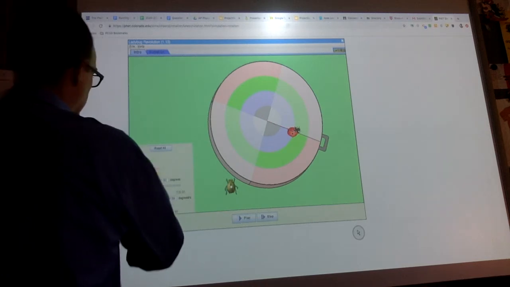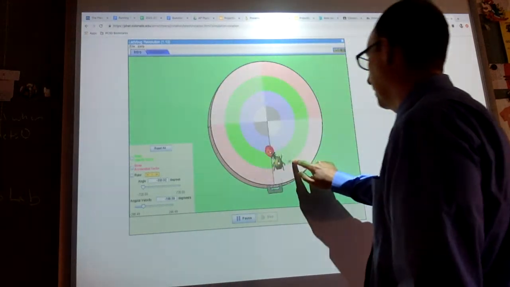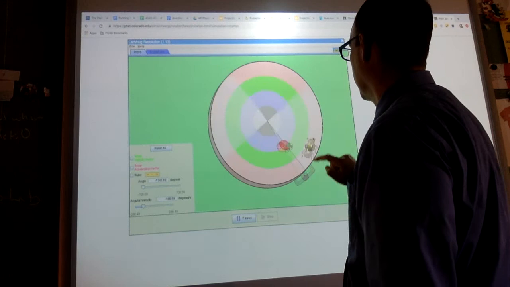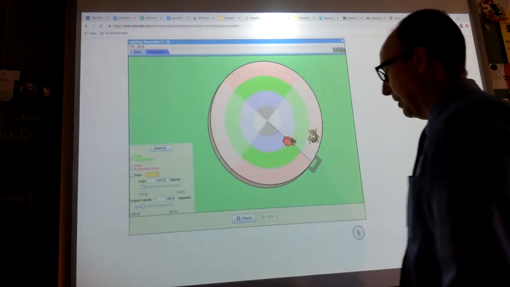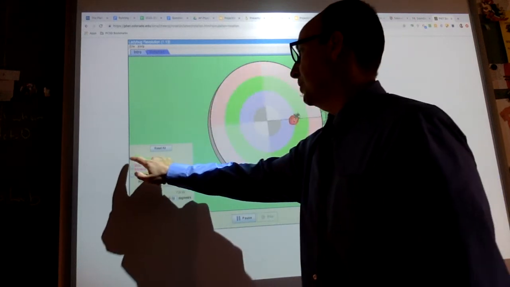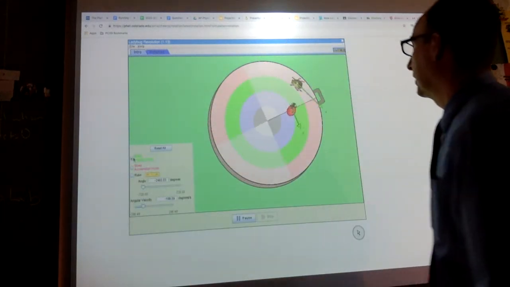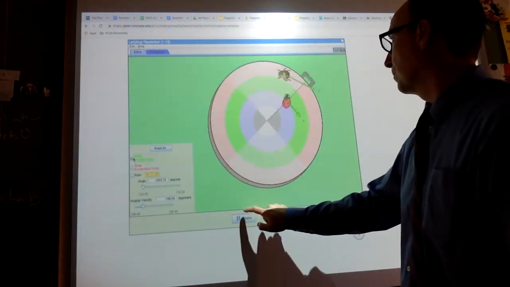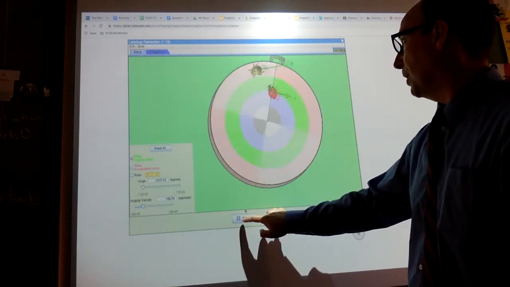Okay, I'm going to unclick acceleration. I'm going to put that guy on the outside. I'm going to click show velocity vectors. And I missed the pause.